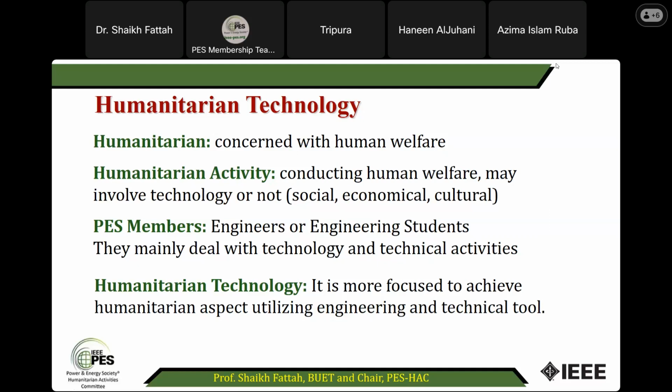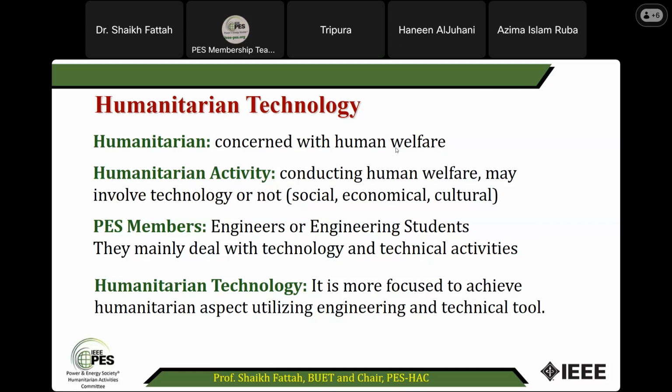We have seen people doing charity, different good social activities, going to hospitals and underprivileged areas, or doing good to societies. There are many humanitarian activities for human welfare. Importantly, those humanitarian activities do not necessarily involve technology. That's the difference. We are looking for humanitarian activities involving technology.